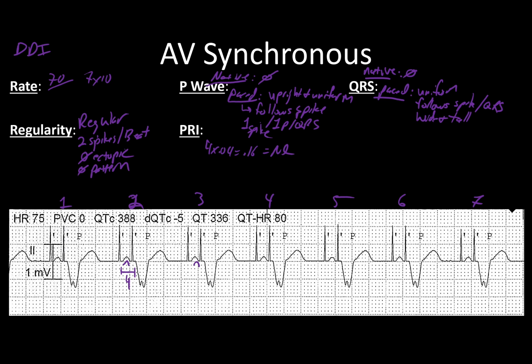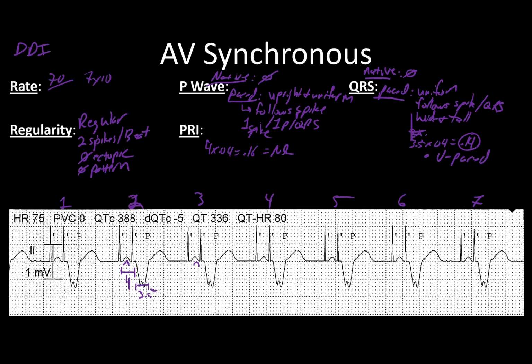If we go ahead and measure those out, and we'll just use the same one, 1, 2, 3.5 or so, which again falls under that wide. It's 0.14. And so that gives us everything we need to say that this patient is V-paced.